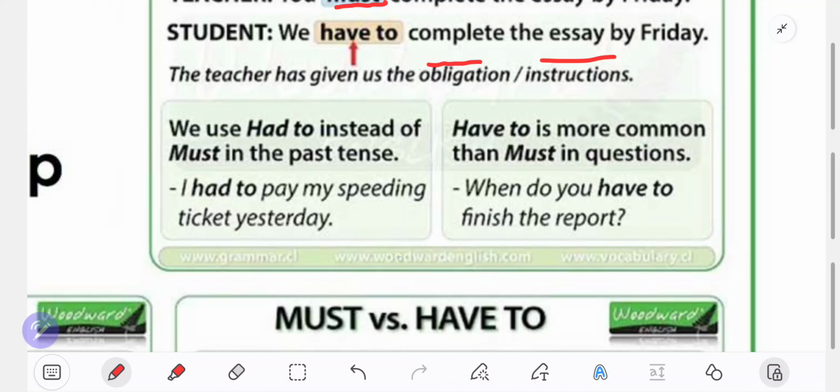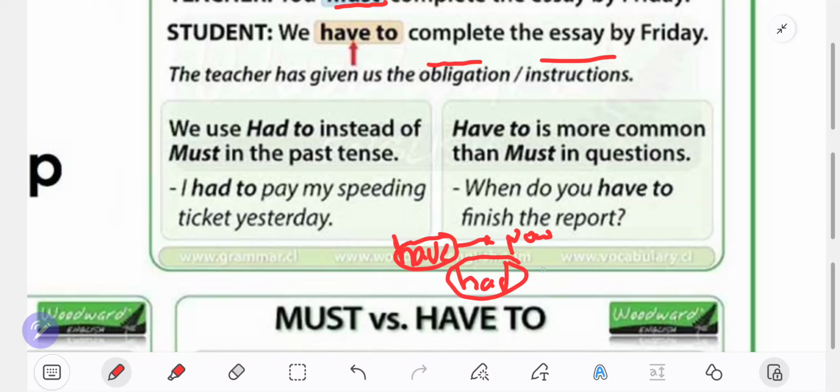You can see verb 1 is have, and the form of verb 2 of verb 1 from have is had. Had is for past tense and have is for present tense.